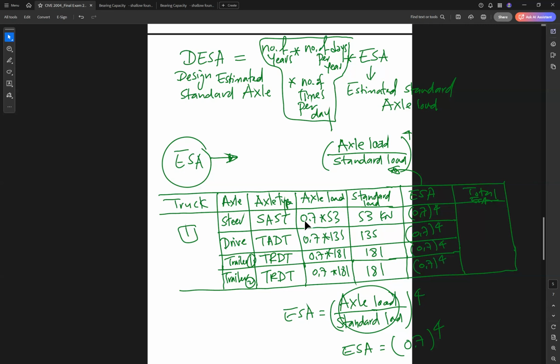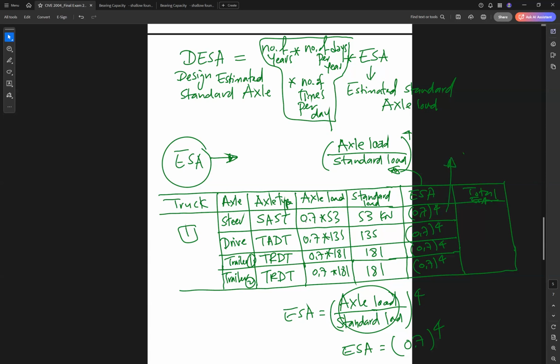It is given to you easy. All of them are 70% of the standard load, so you don't need to make the calculation. You will put N to the power 4, whatever the percentage is. So how much is 0.7 to the power 4? It is 0.24.